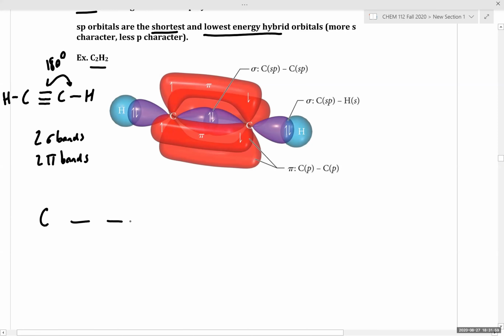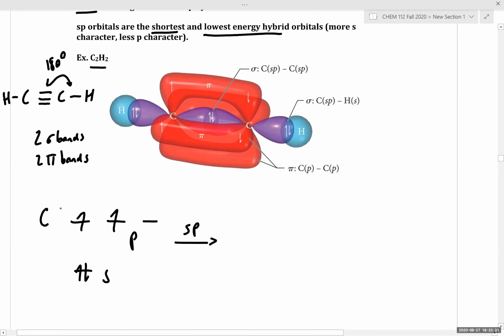So then, starting off, we have our basic picture for carbon. What hybridization would we need to adopt to form 2 sigma bonds and 2 pi bonds? An sp hybridization.